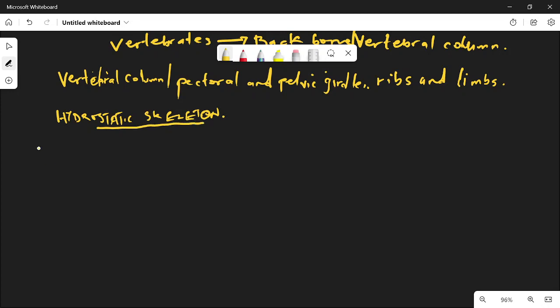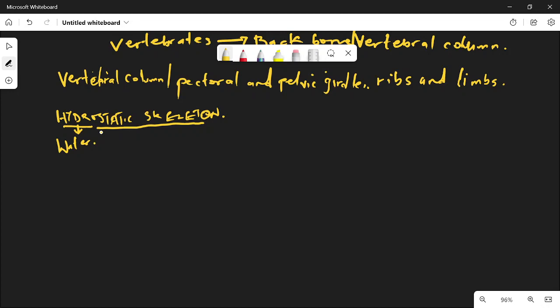So what do we mean by hydrostatic skeleton? Look at the name here. In front of this we have hydro. Is it not? That hydro there simply means what? Who can tell me what hydro means? Fluid. Water. Thank you very much. The hydro there is talking about water.